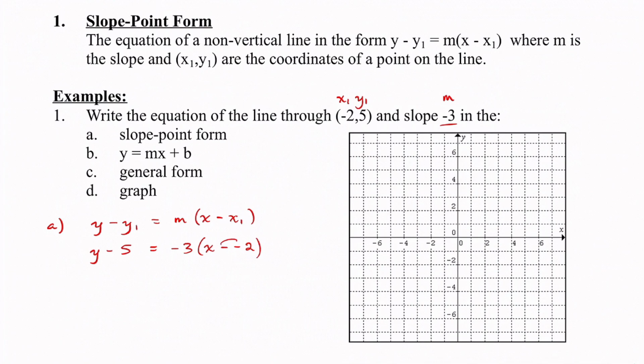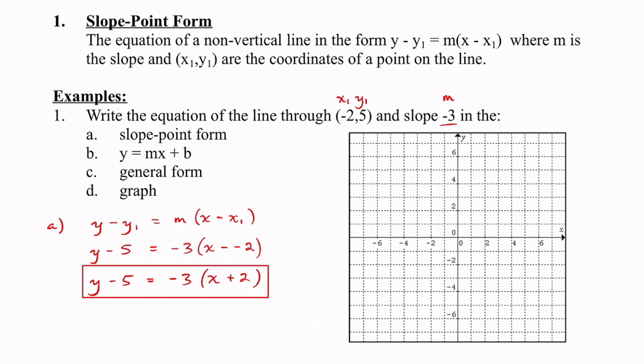Now these two negatives I can simplify. Those two negatives are going to give me a positive, so let's write that. Everything else is just going to stay the same. So I got x plus 2 now, in brackets. That would be your slope point form. You don't have to do anything else. You just plug it in, and then maybe if you have some signs, you can simplify and get your final answer. So part A is done.